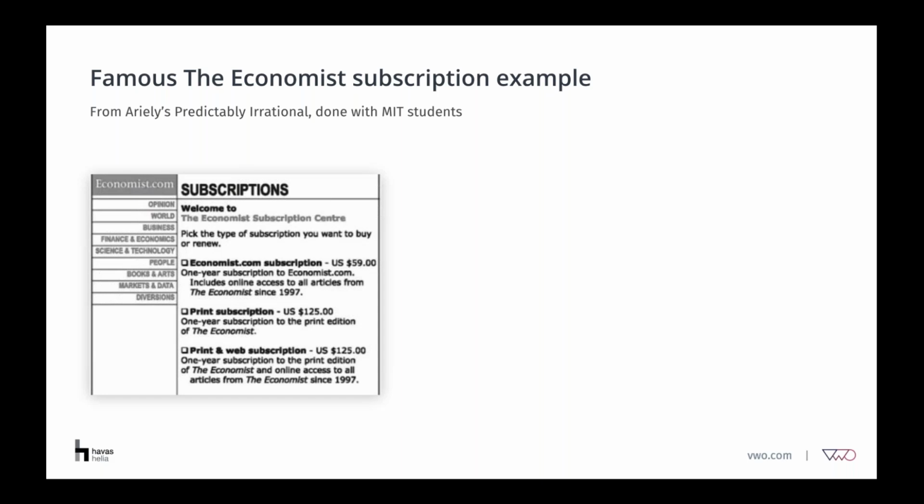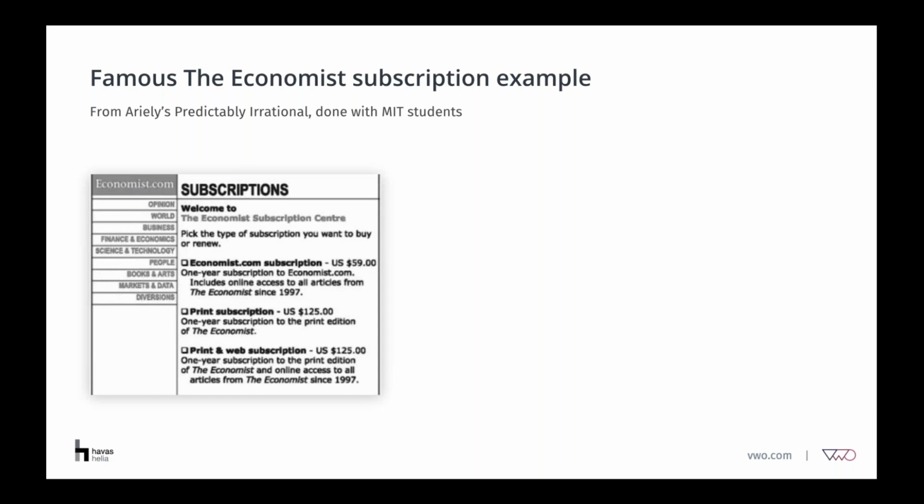It was actually used in real life by The Economist like 15 years ago. So they had to choose between the first option, web access only, no print, for $59. Then they had the middle option of print access only, no web access, for $125, so more than double. And they had a third option, print and web access, for the same price of $125.